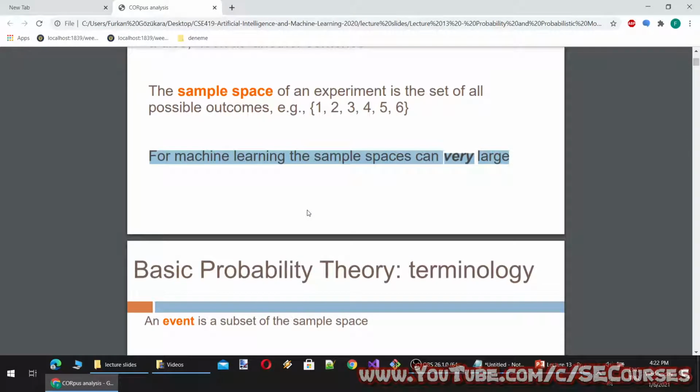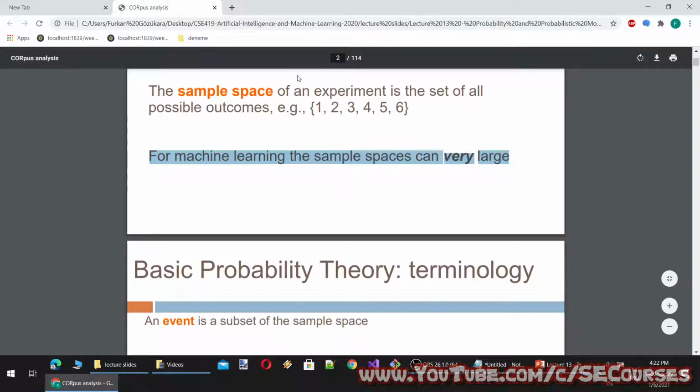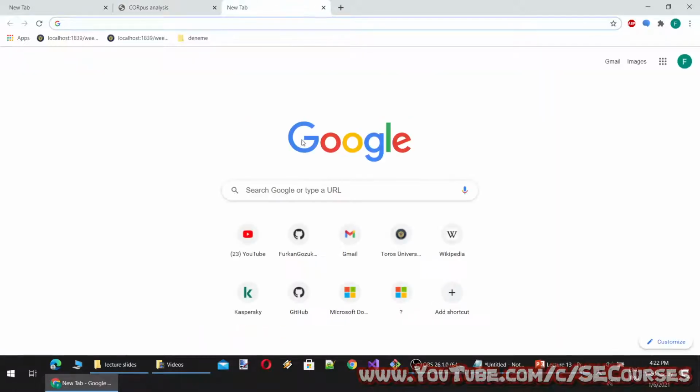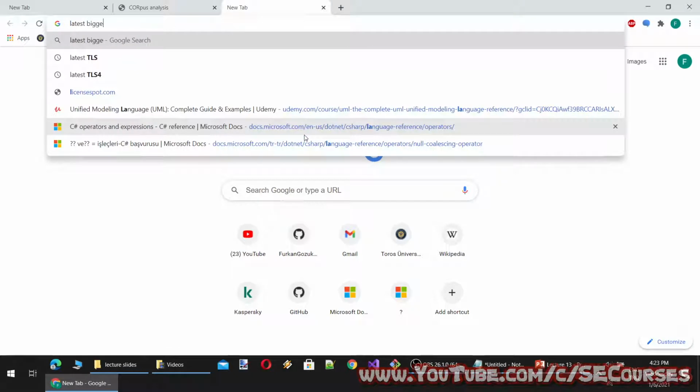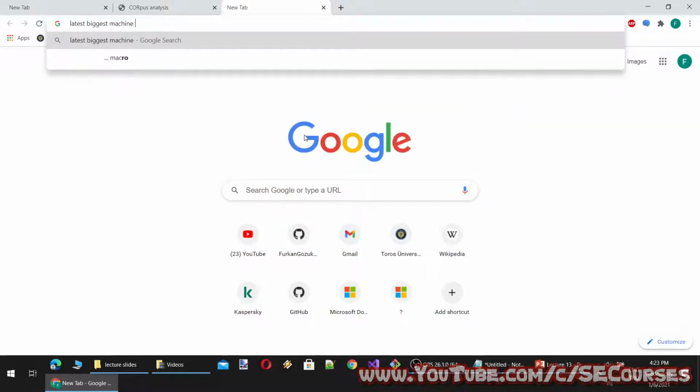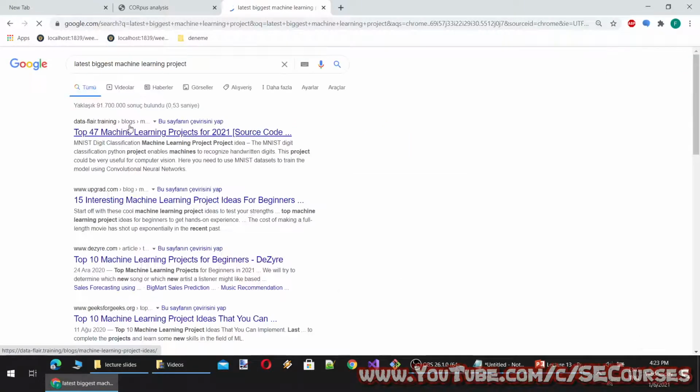It is so true. For example, there is the newest deep learning algorithm trained on millions of documents. Let me find it. What was its name? I can't remember its name, but I will see it.